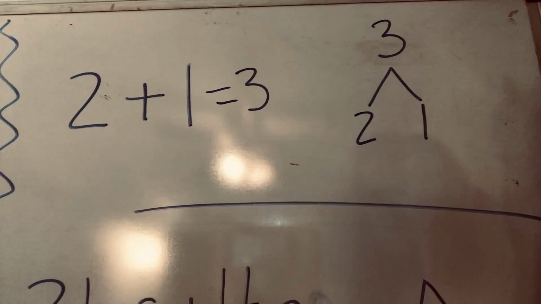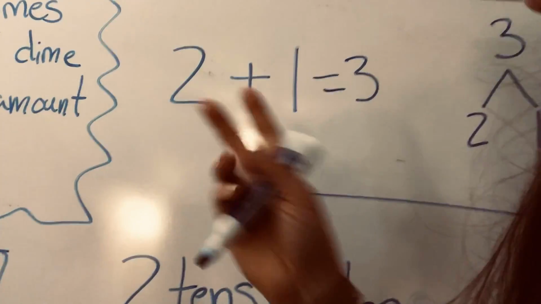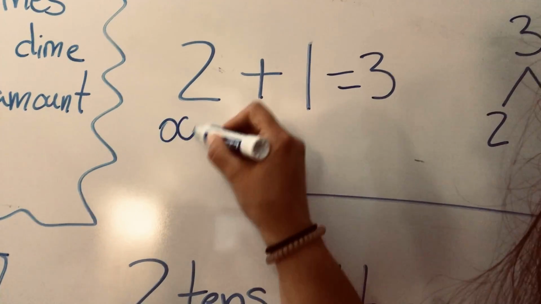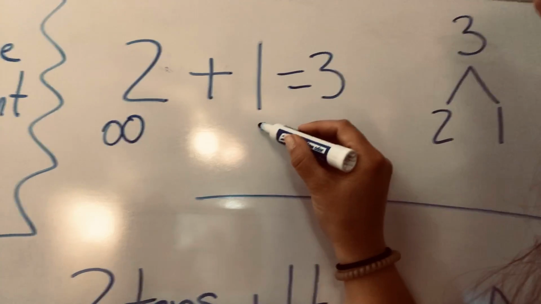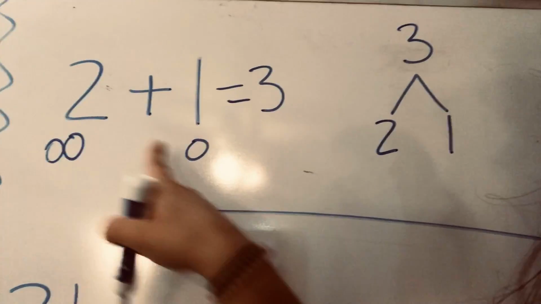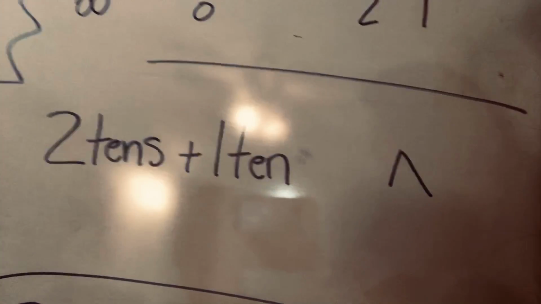Can we draw these out using our math drawing? When I'm drawing ones, if there's only 2 bananas, that means that I can use ones. 2 bananas plus 1 banana equals, and now I can count them, 1, 2, 3. 3 bananas. All right, now a little bit more challenging.